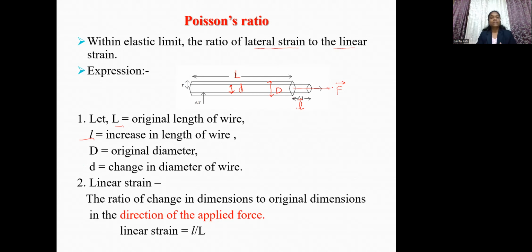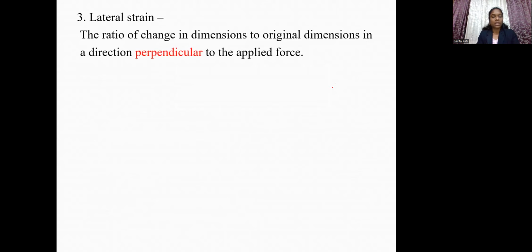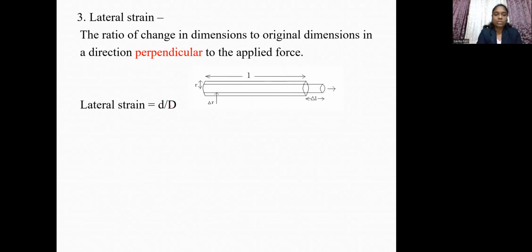At that time, strain produced in the wire is called lateral strain. Lateral strain is the ratio of change in dimensions to the original dimensions in a direction perpendicular to the applied force. Here, change in diameter to original diameter. So we get the equation for lateral strain: lateral strain equals small d by capital D.